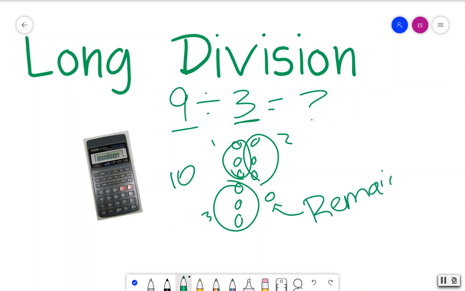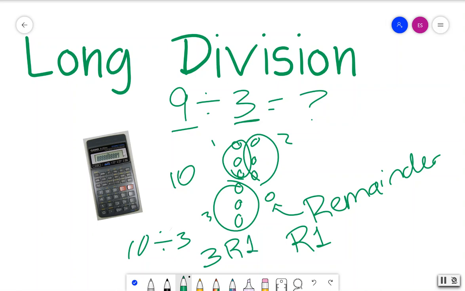And we call this the remainder. And normally write it as capital R with however many are left, which in this case is 1. So the answer to 10 divided by 3 is 3, because there are 3 groups, and a remainder of 1.